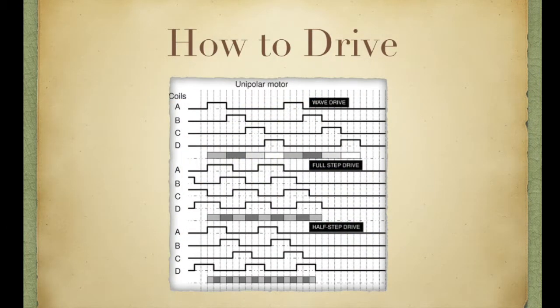Here's how it's going to work. I show you here in these pictures three methods for driving the stepper motor. The first one, the wave step drive, the second one, the full step drive, and the last one, the half step drive.